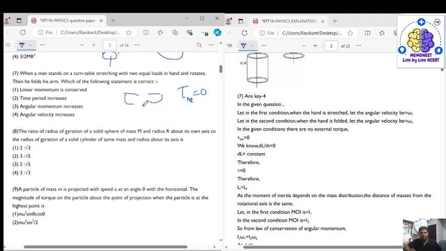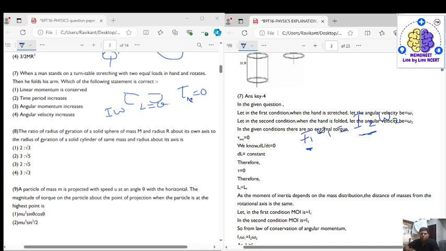It means the angular momentum, that is L, is constant, and angular momentum is given by I into omega, right? So I1 into omega 1 is equal to I2 into omega 2, right? I1 is when the arms were stretched, and I2 is the moment of inertia of the body when the arms were brought close to the center.